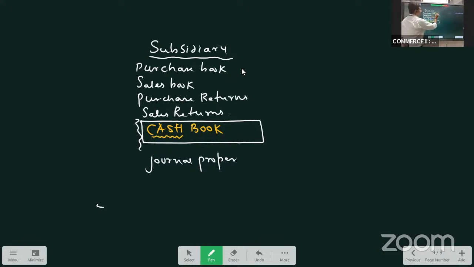See, in the purchase book, what were we recording? Purchase of goods, and only purchase on credit. Similarly, in the sales book, we were recording only sales done on credit basis. What if purchase is done on cash?